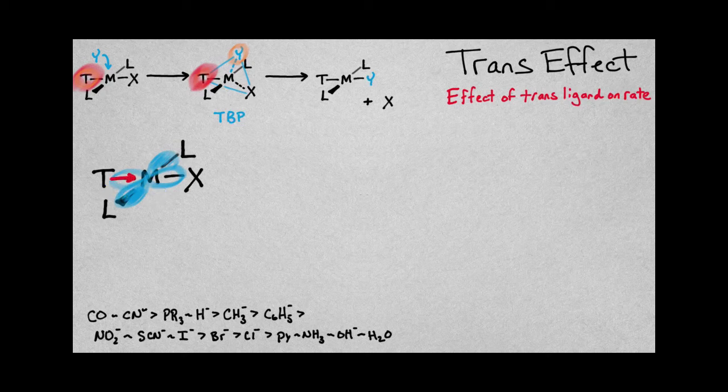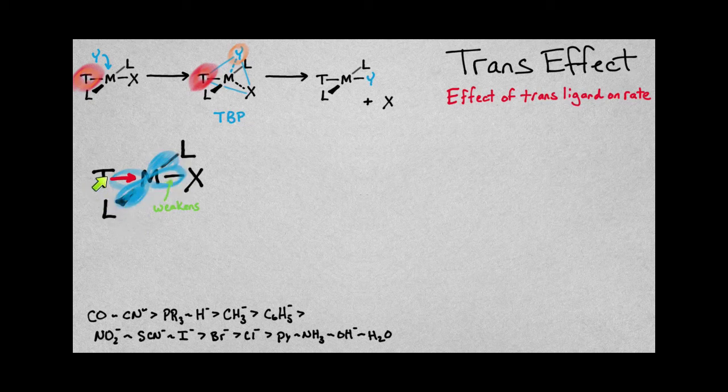So as that trans ligand dumps electron density into that orbital, right there, it's dumping that electron density into the same orbital that our leaving group ligand X is using. So as we increase the donating power of the trans ligand, it actually weakens the bond to our leaving group X. And of course, since that is a part of what we need to do in order to have the reaction, as we go through our transition states, X has to leave.